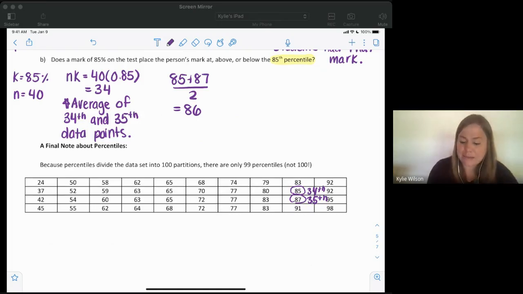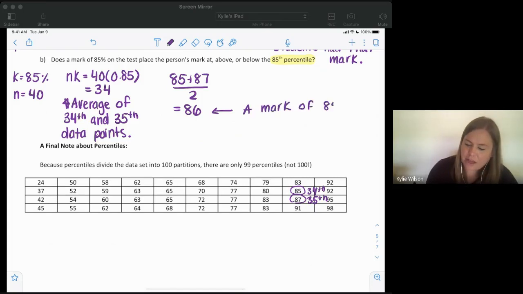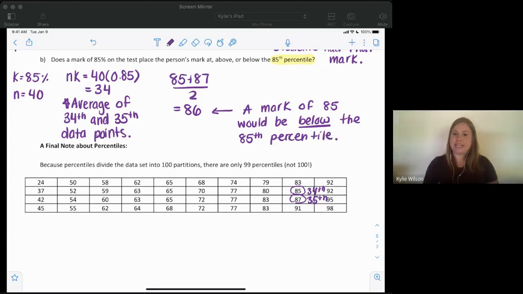So that means that a mark of 85 would be below the 85th percentile, because the 85th percentile is 86.